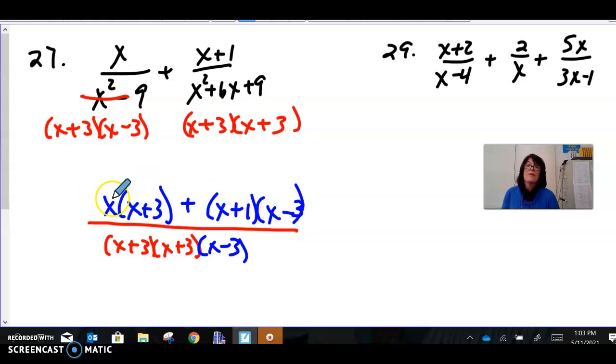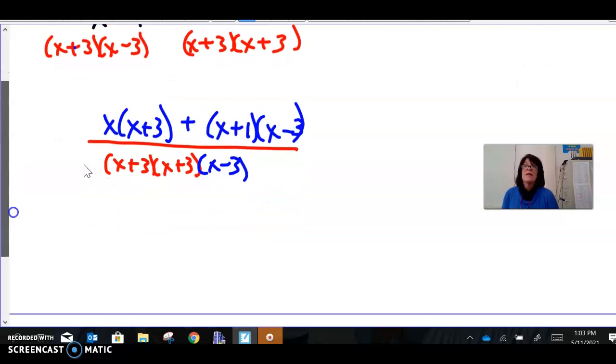Okay, so you have to multiply the top by whatever was missing from your new denominator. Okay, my new denominator has 3 terms in it. I have x plus 3, x minus 3. I needed an x plus 3 to multiply by the x. Here I had two x plus 3's, but I needed an x minus 3 to multiply by the x plus 1.